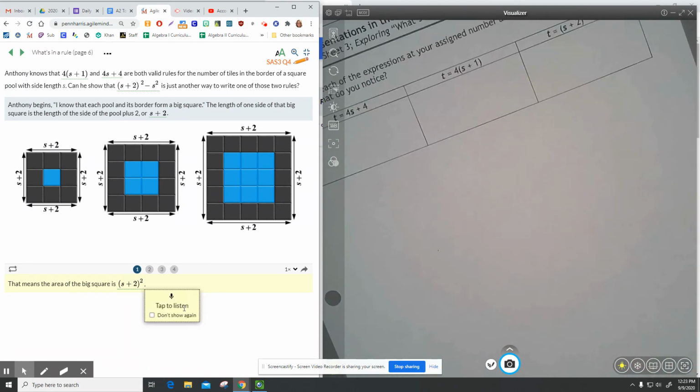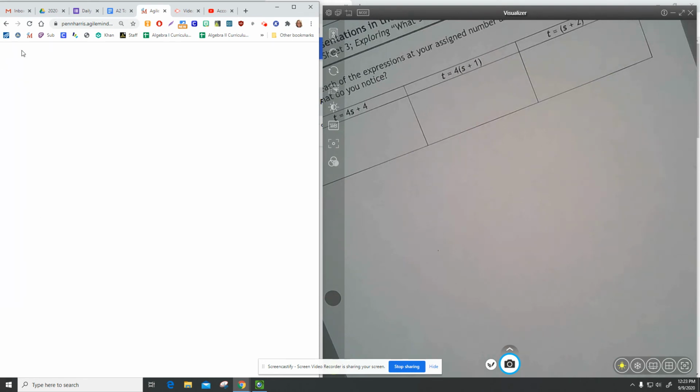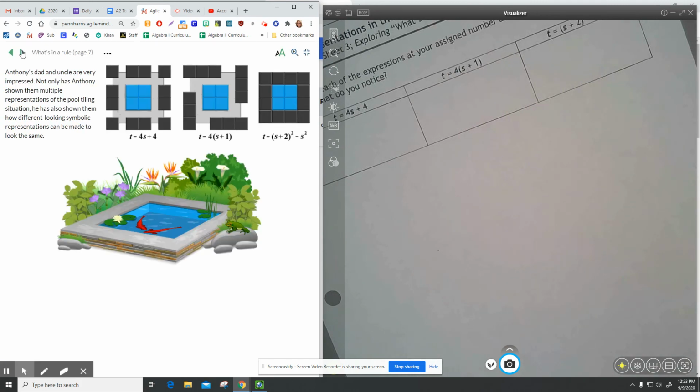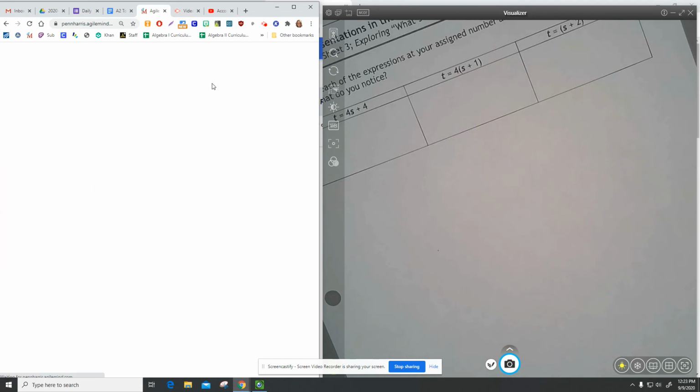Okay. So question 5 here. With this one, they just want us to evaluate the expressions at our assigned number. And what I'm going to do here, guys, is we're just going to give you some examples.